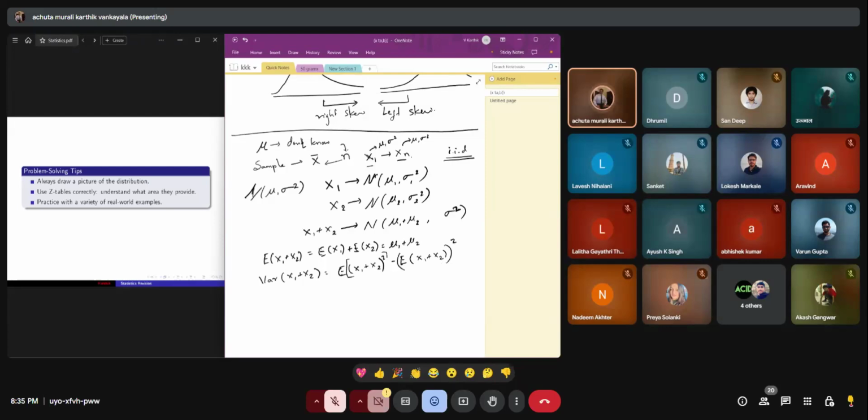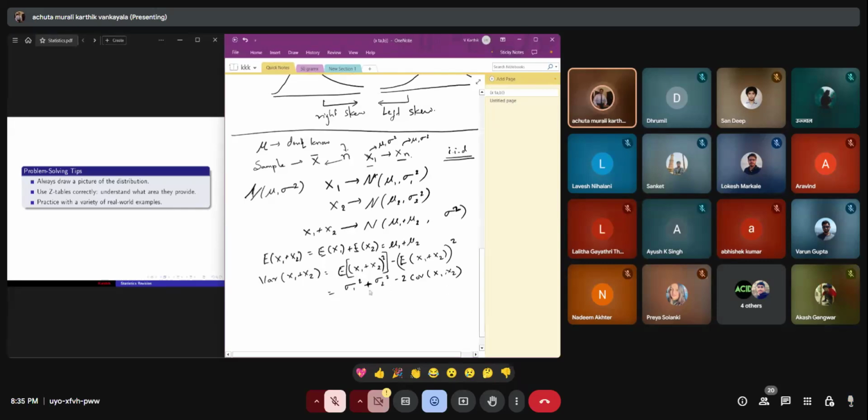Here note that this is this. If you simplify this, what you will get is sigma 1 square plus sigma 2 square plus 2 times covariance of x1 and x2, right?